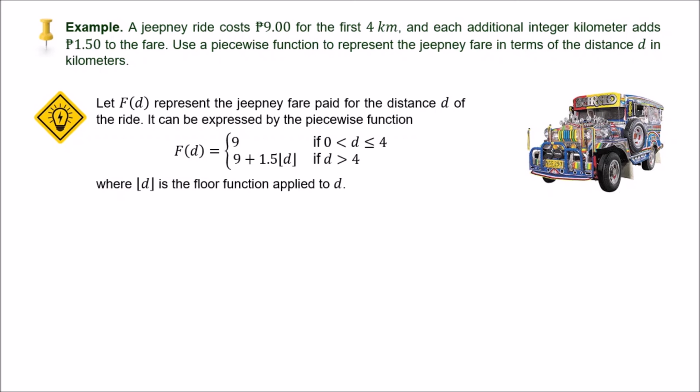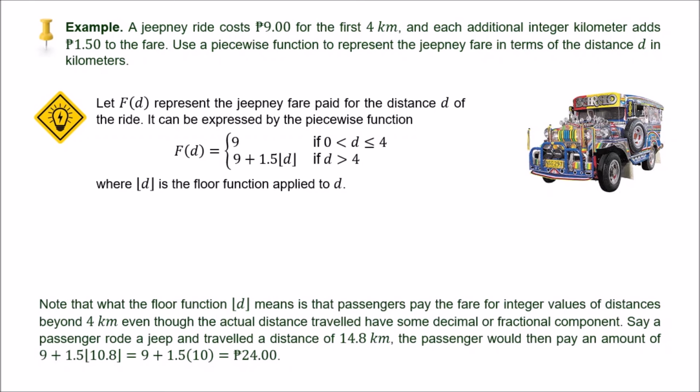Let f of d represent the jeepney fare paid for the distance d of the ride. It can be expressed by the piecewise function f of d equals 9 if d is greater than 0 but less than or equal to 4, or f of d equals 9 plus 1.5 times the floor function of d if d is greater than 4.